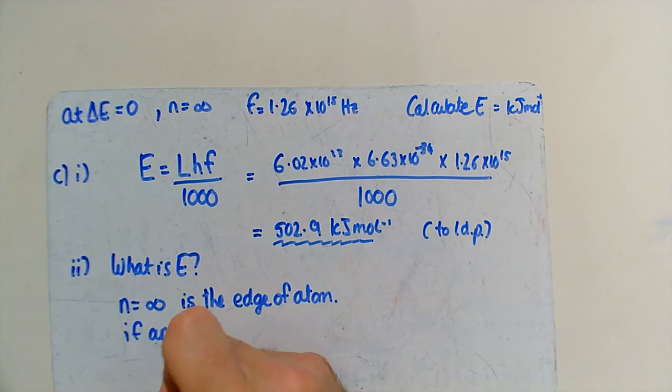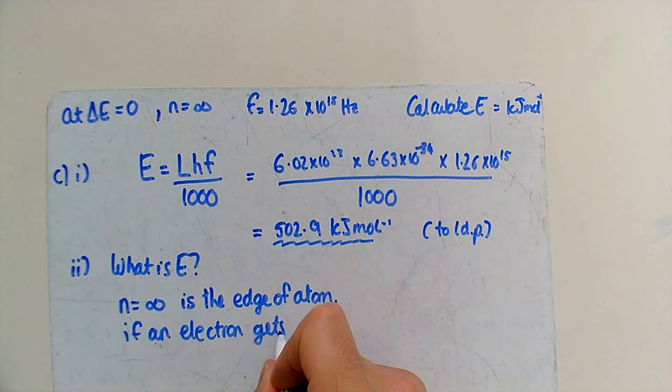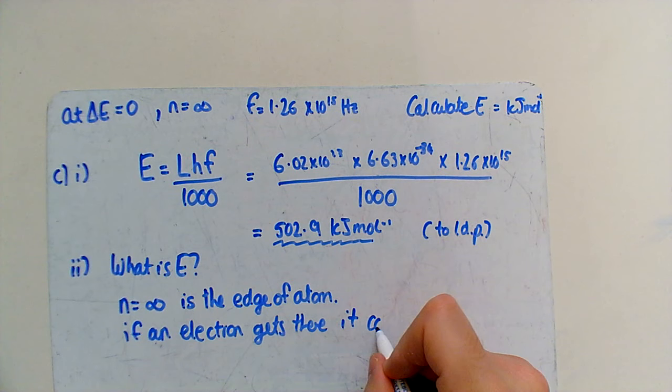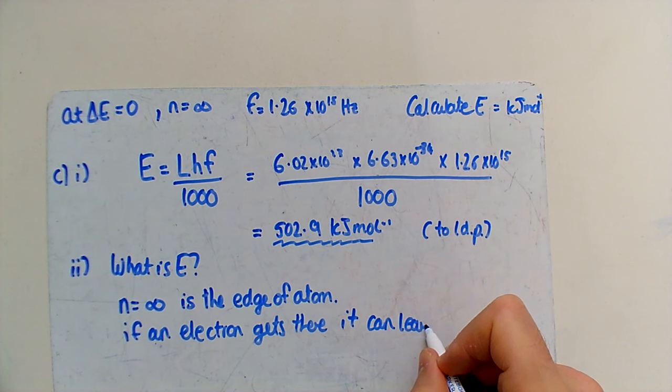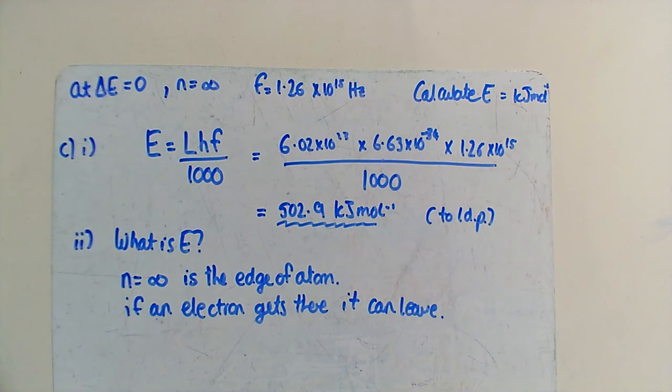If an electron gets there, it can leave. Essentially, it's got enough energy to no longer be bound by the nucleus. So that energy is the ionization energy.